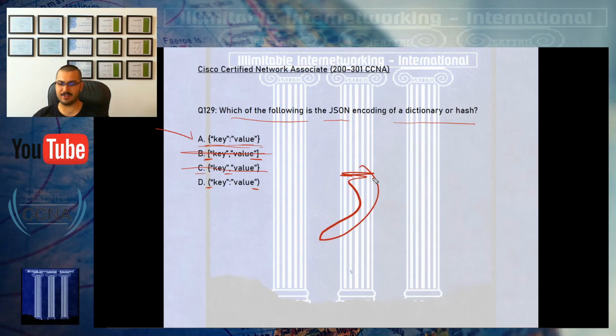This is a banana, whatever. These pairs enclosed with crescent brackets make them unacceptable or incompatible with the JSON language. So this is how a JSON key value pair should look, and A will be the correct answer.